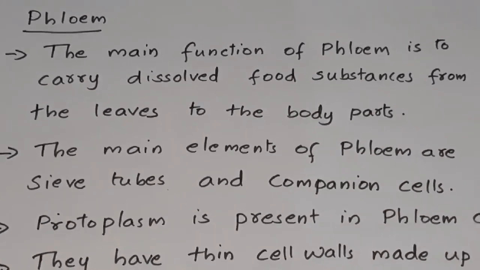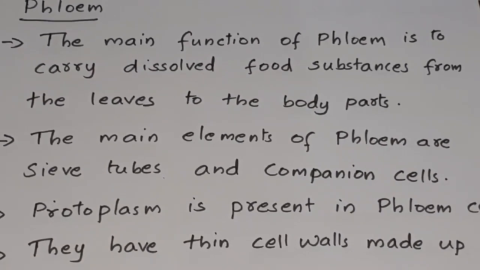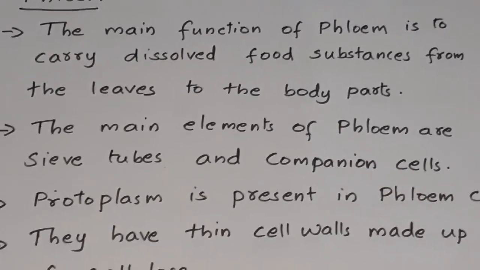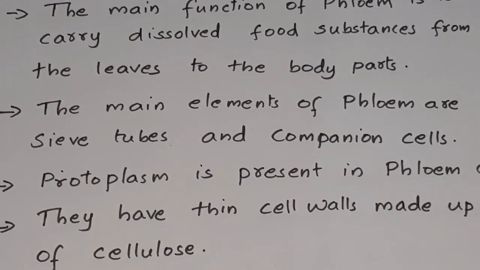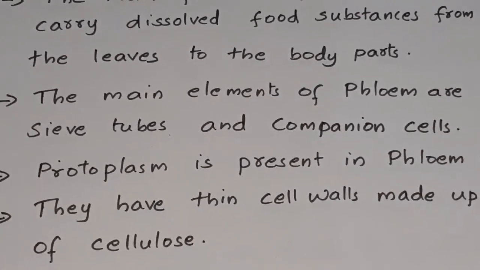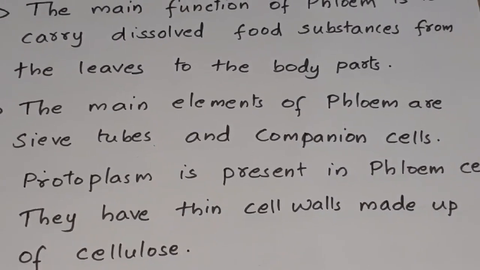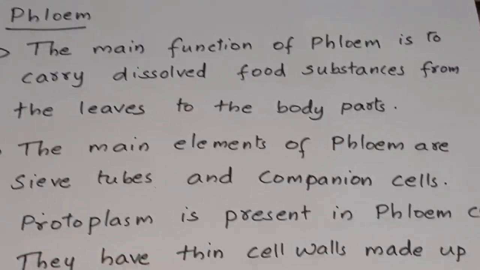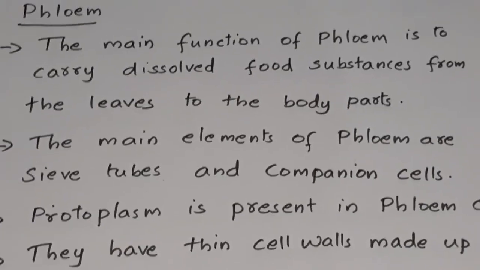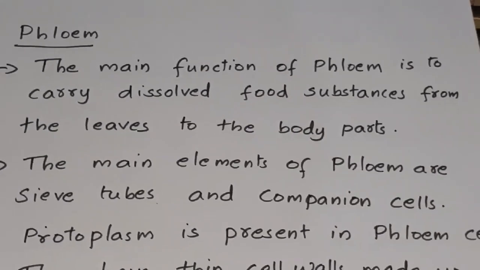That process we have seen is called photosynthesis. After photosynthesis, the chlorophyll present in the leaves prepares food. Then this food needs to reach every part of the plant body, not only the leaves but the stem, different branches, new fruits. Roots also require food.